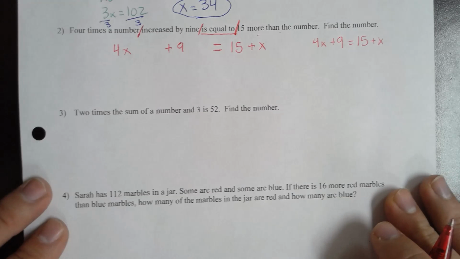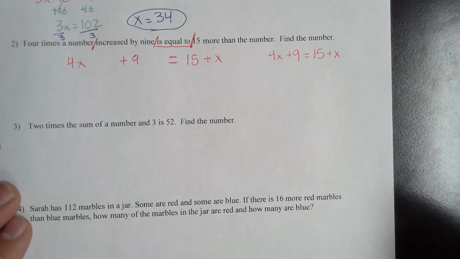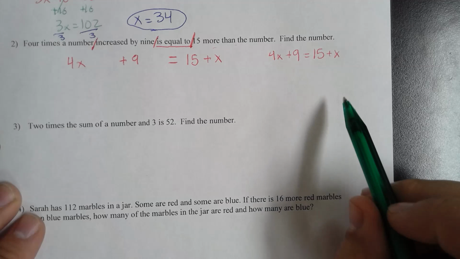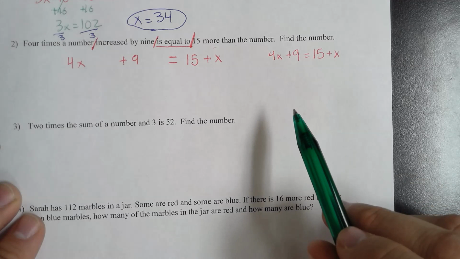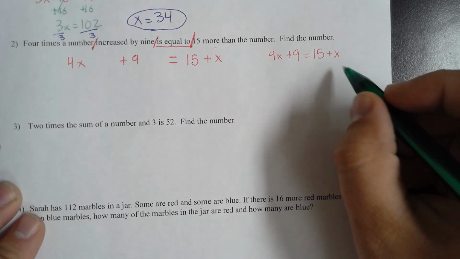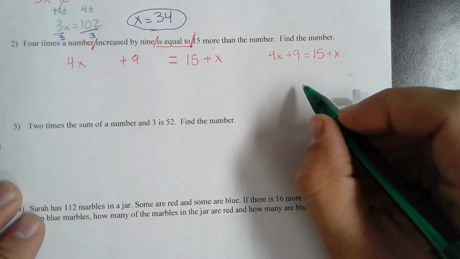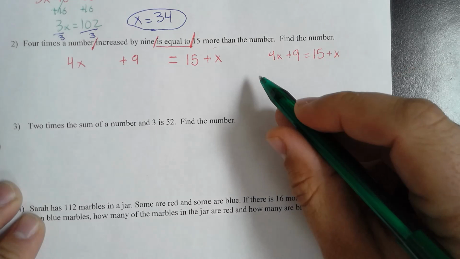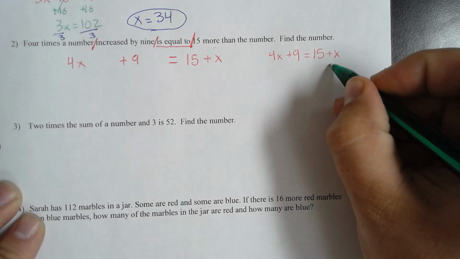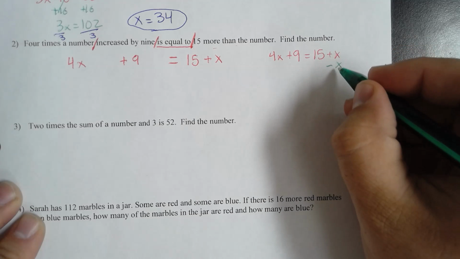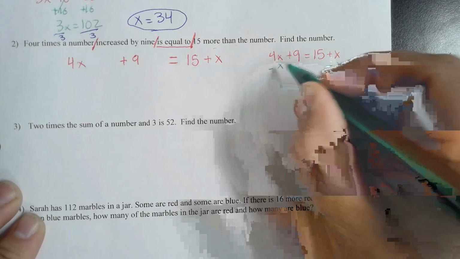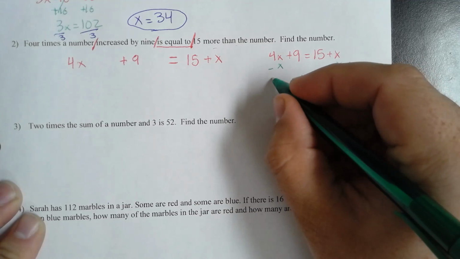Okay. So, what is the first step that I need to do in order to start solving here? Get our x's together. How are we going to get our x's together? What do we need to do to x to get it over to the other side? Subtract x. Very good. We always do the opposite. So if we subtract x, what do we have? 3x.